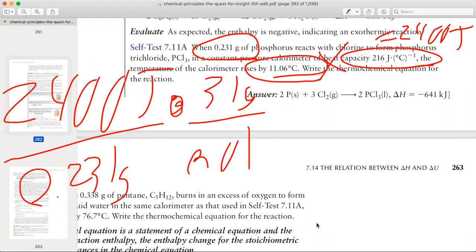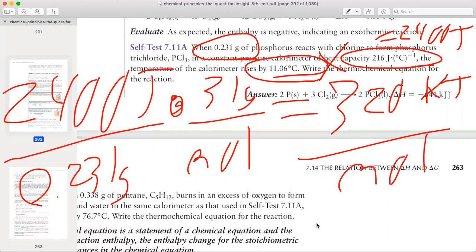That's going to give you a big old number, equals 320 kilojoules per mole. And then you realize that per reaction, you've got 2 moles, so you multiply that number by 2, and that gives you your negative 641. And the whole way this should actually be negative, because that's how much heat is released.